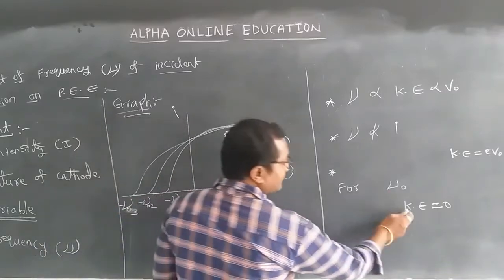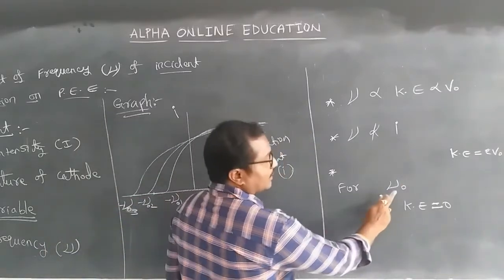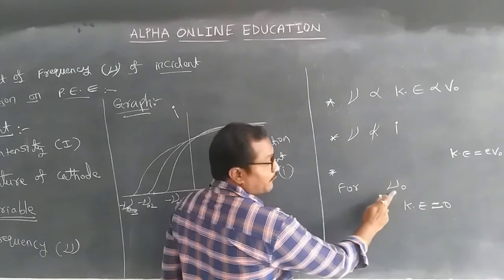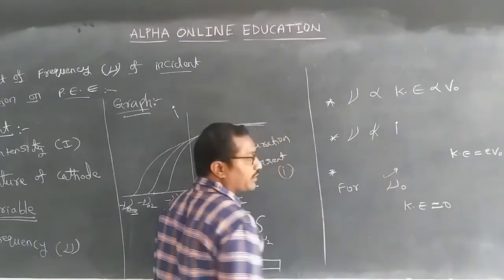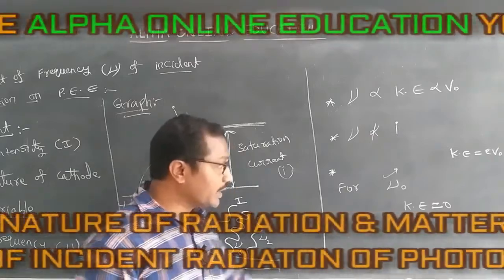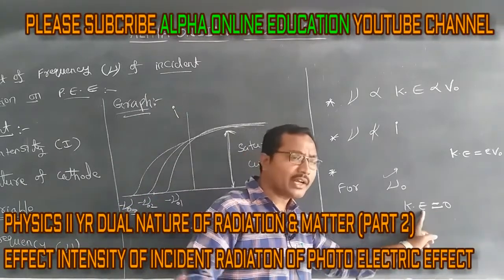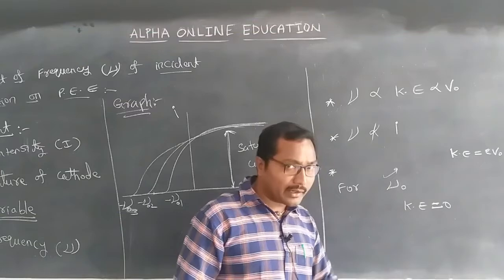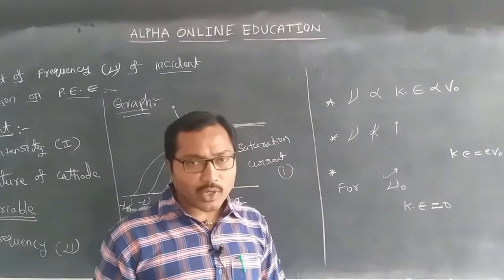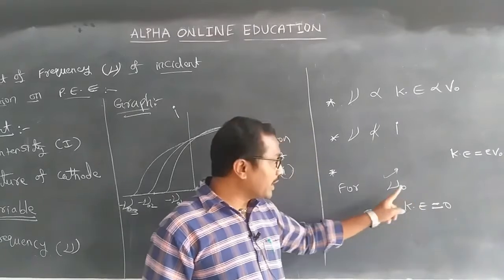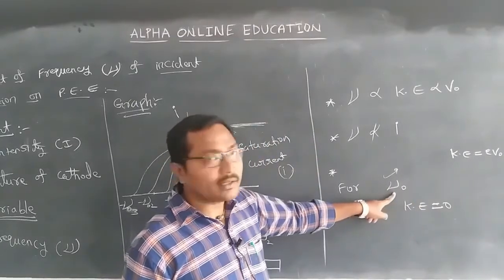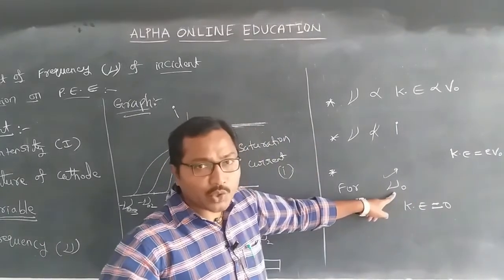Right, see here, whenever we get the photoelectric effect at the threshold frequency, that is nu naught, what will be the kinetic energy of the photoelectrons? The kinetic energy of the photoelectrons will be 0 if the photoelectric effect occurs at the threshold frequency.